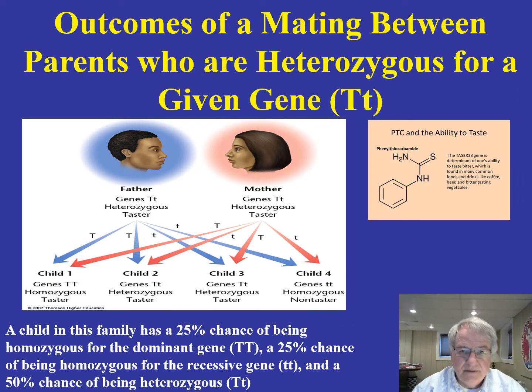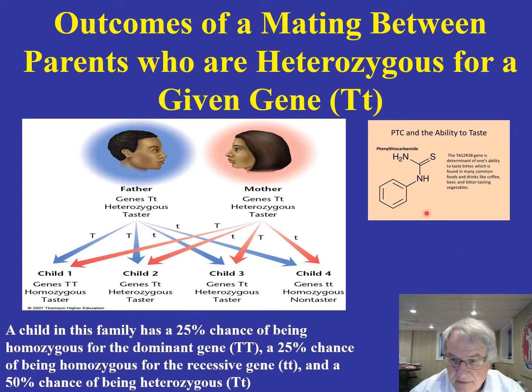When we take a look at the outcome of mating of parents who are heterozygous for a particular gene, it was Gregor Mendel who really helped us to understand this. But just to give you a little bit of an example of how this works in determining what happens in terms of offspring, there's been a lot of interesting work done with the ability to taste certain substances that are bitter, like PTC, for example.